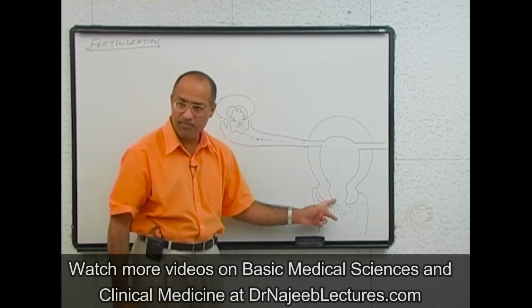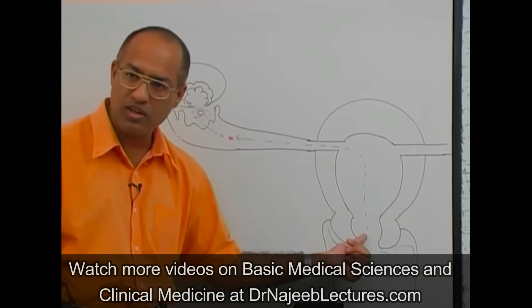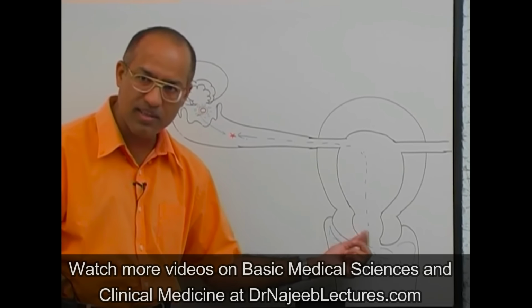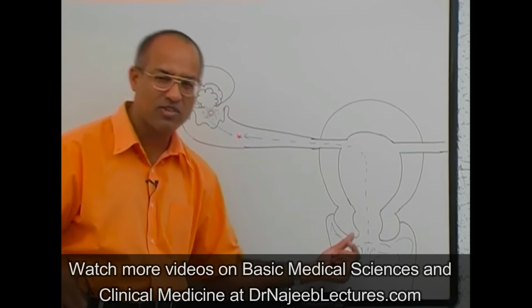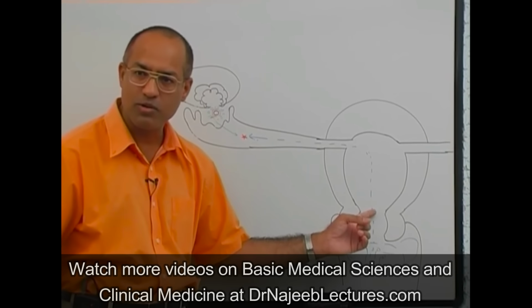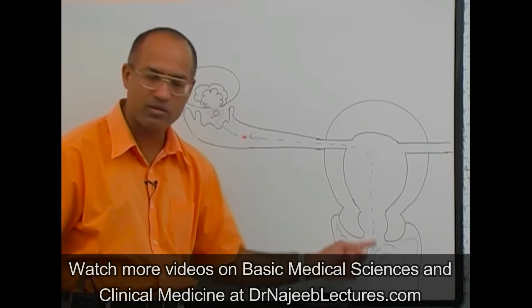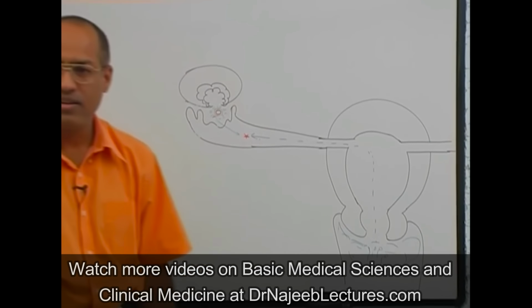But this is good for the sperm: the mucus plug present in the cervical canal becomes thin, less viscid, and more copious, abundant, and stringy, and all these things favor the movement of the sperm. So sperms pass through the cervical canal.